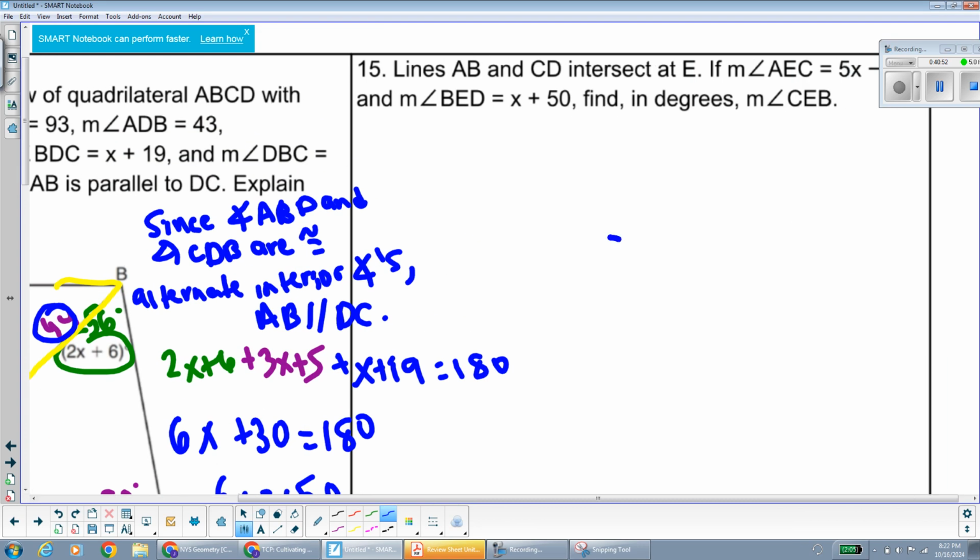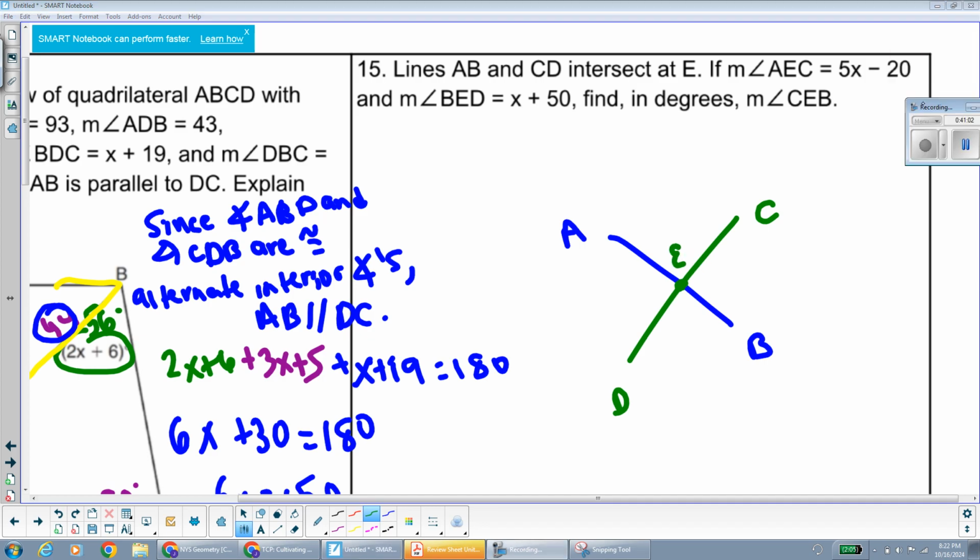Last one. Line AB and line CD intersect at E. If AEC is 5x minus 20 and BED is x plus 50, find in degrees the measurement of this angle CEB.